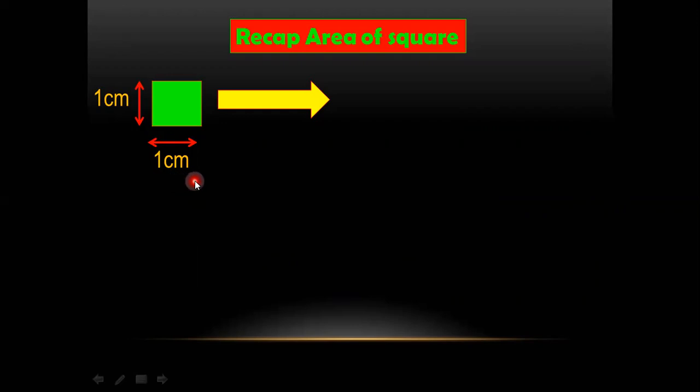Here I want to show you visually how a centimeter square is related to this square. So 1 multiplied by 1 is 1 centimeter square. Look at this 1 centimeter square. It is a square of 1 centimeter, written like this. And now look at this diagram.